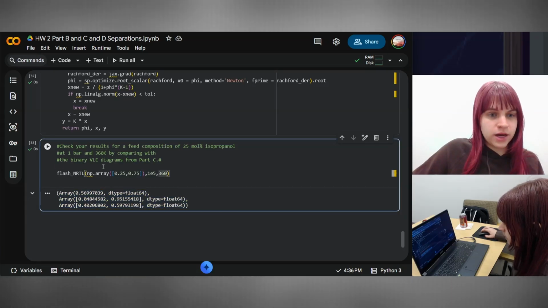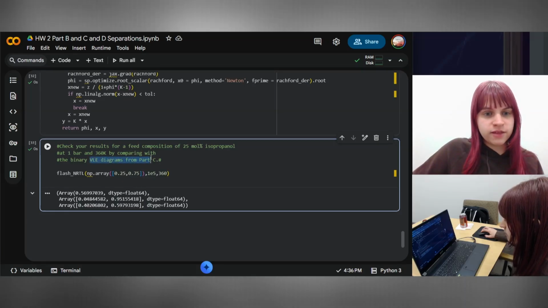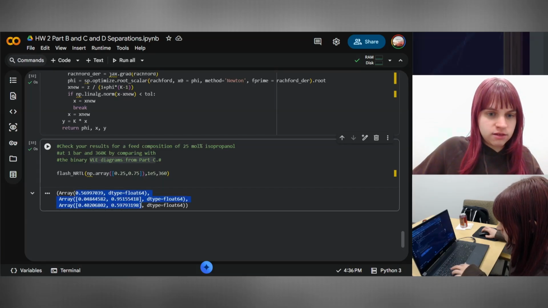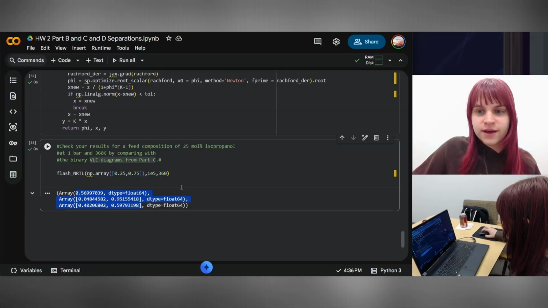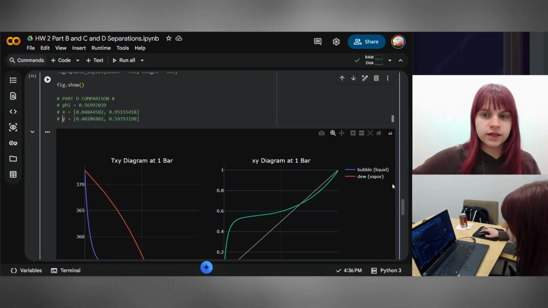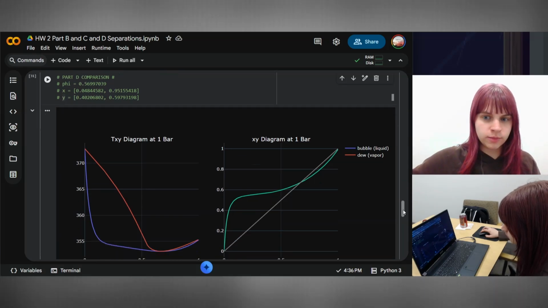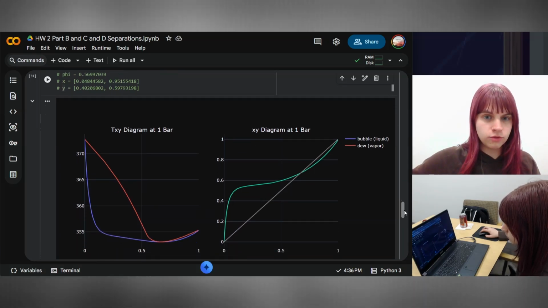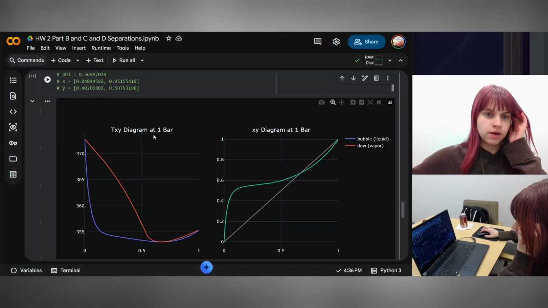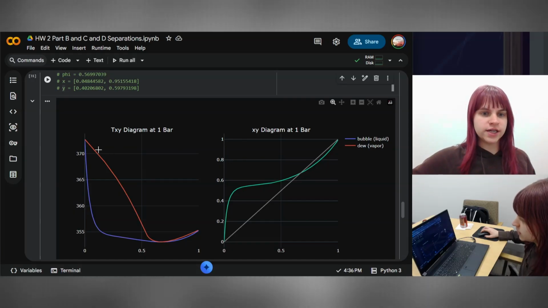Now we want to check these values by comparing with the vapor-liquid equilibrium diagrams that I made in part C. So I'm going to take these so that I can reference them. What I did was I just commented out our phi, x, and y values so that I can more easily compare them to the graphs. What we can see is at 1 bar, this is our TXY diagram.